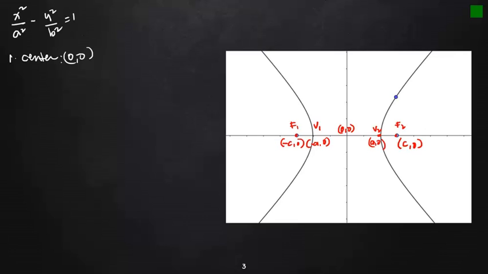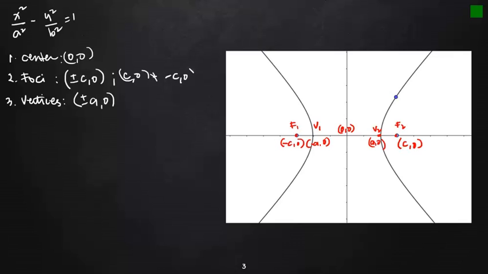Here, our foci are collinear with the center of our hyperbola, and so the foci are at plus minus c, 0. The vertices are also collinear with the foci and the center, and they have coordinates plus minus a, 0.